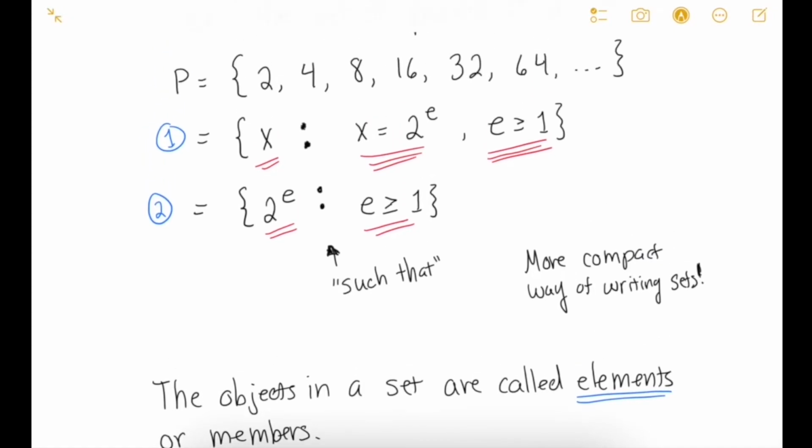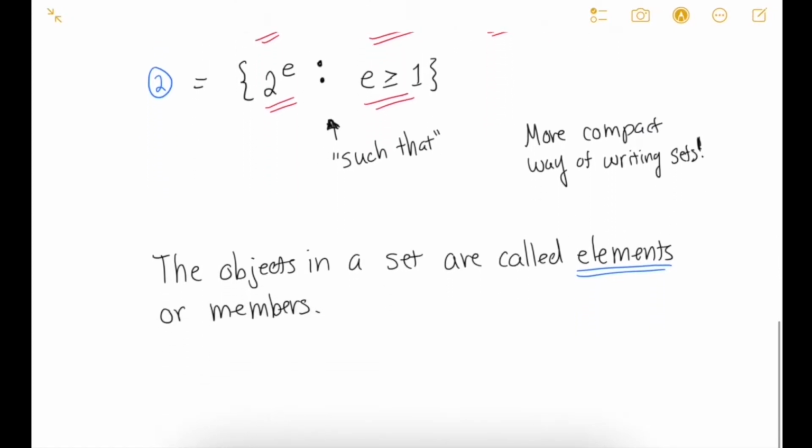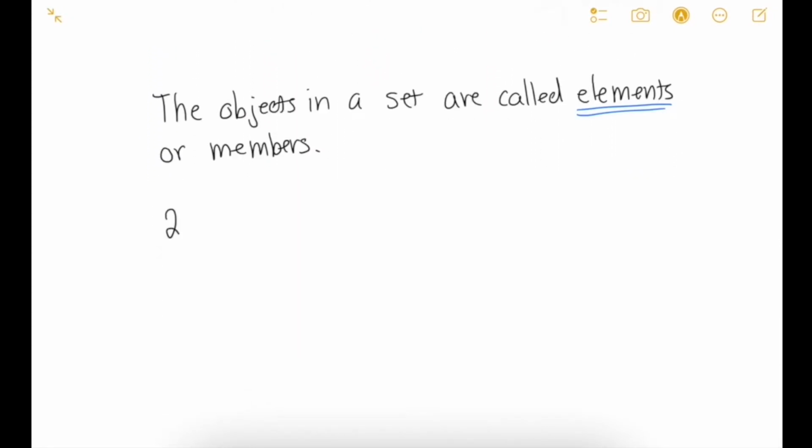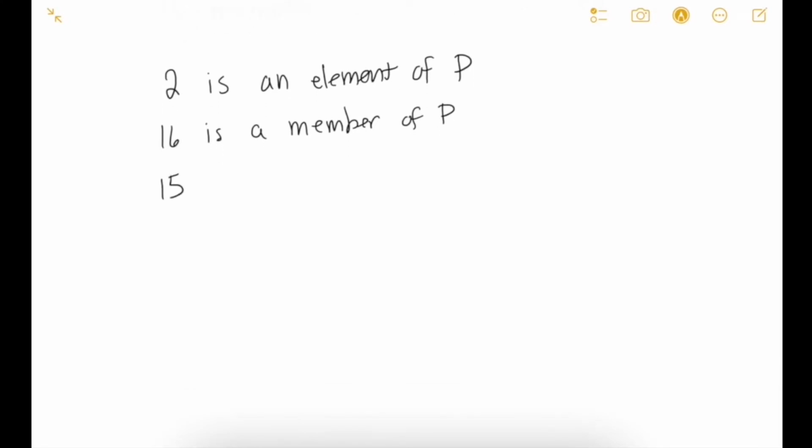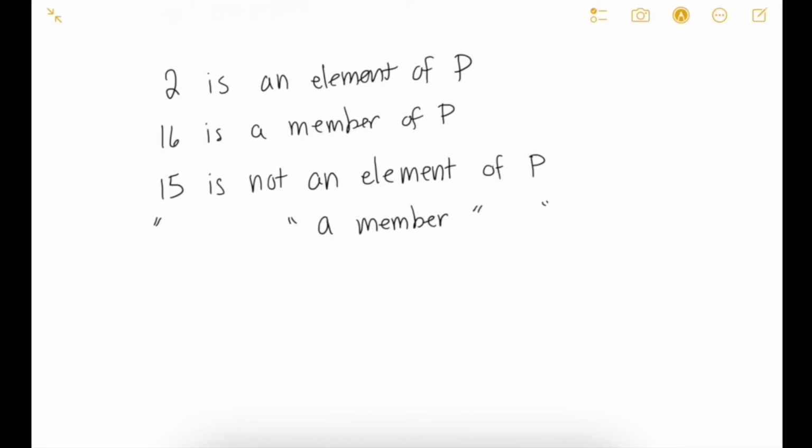For example, if P is our positive powers of 2 set, we could say 2 is an element of P. We can use the word member in the same way. 16 is a member of P. And something like 15, which is not a power of 2, is not an element of P. And of course, like I said, we can use member in the same way. So we could say 15 is not a member of P.